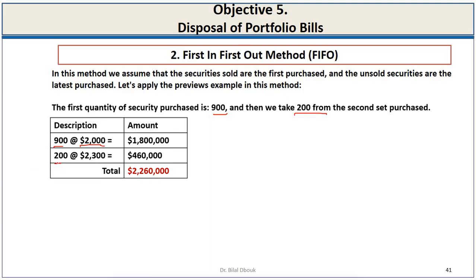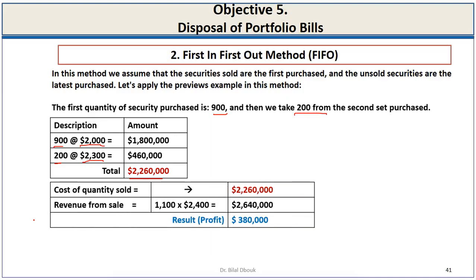The second 200, to reach the total of 1,100 securities, were purchased at a cost of $2,300. We got a value of 460,000. So the total amount would be $2,260,000. So the cost of the quantity sold equals 2,260,000.